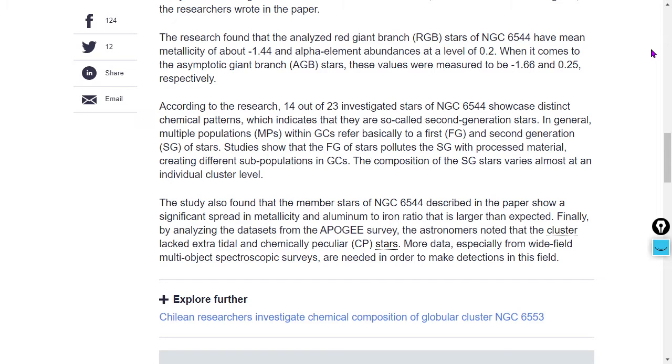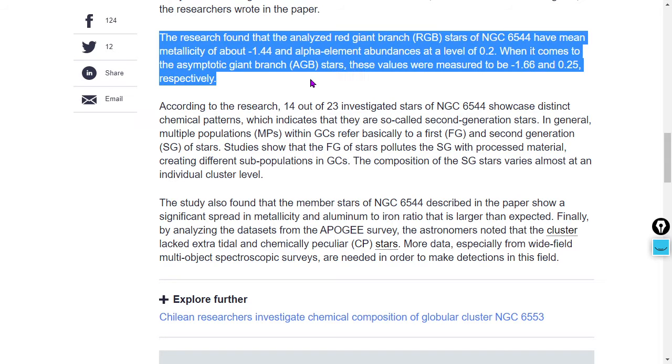The research found that the analyzed red giant branch stars have a mean metallicity of about negative 1.44 and alpha element abundances at levels of 0.2. When it comes to the asymptotic giant branch stars, these values were measured to be negative 1.66 and 0.25 respectively.